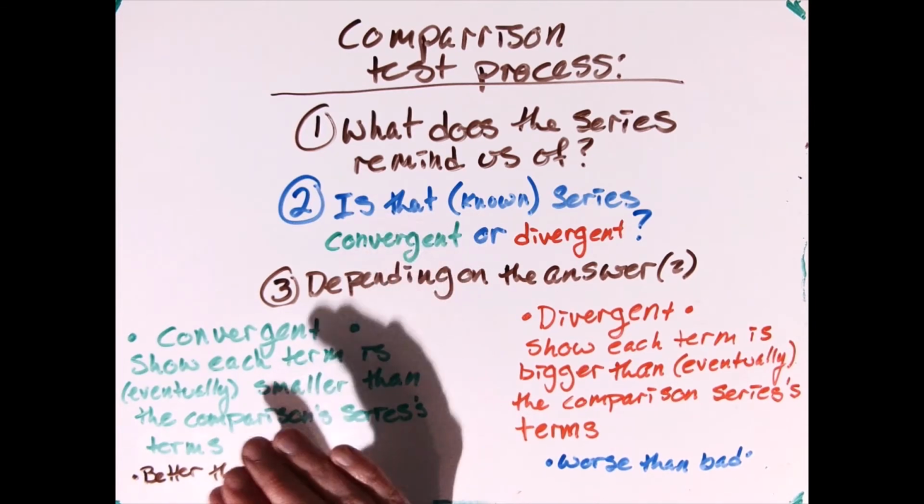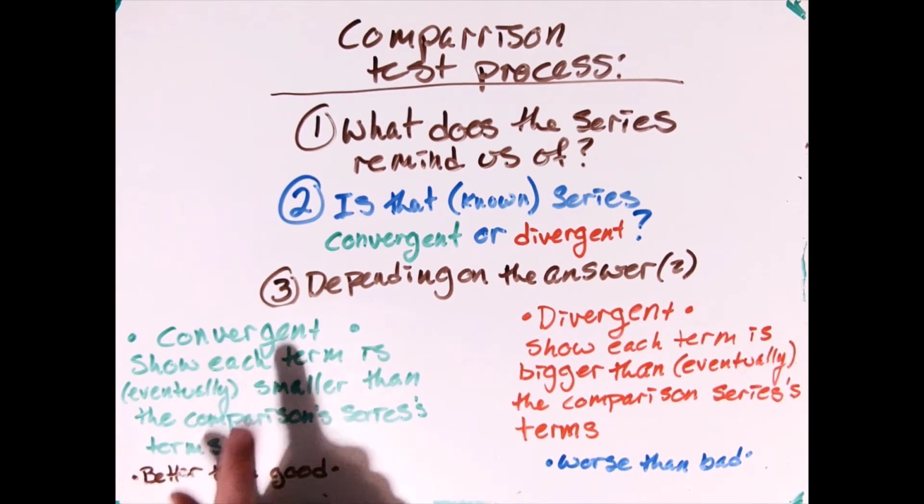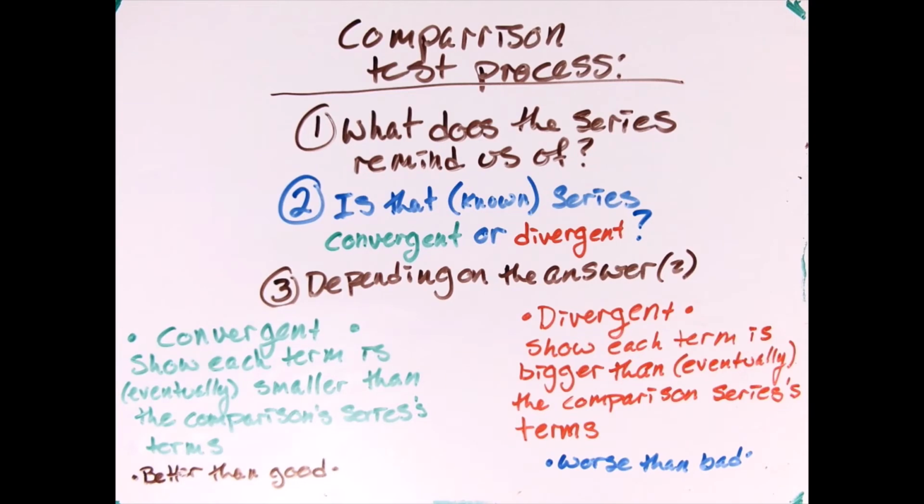That means I want it to be better than good. The comparison series' terms were good enough to converge to some answer. If my unknown series has smaller terms, that means I'm adding on smaller and smaller things, which means they're doing better than good, which means that they will also converge.